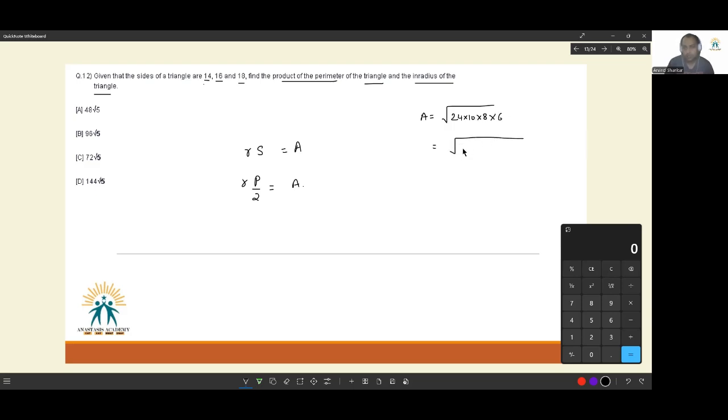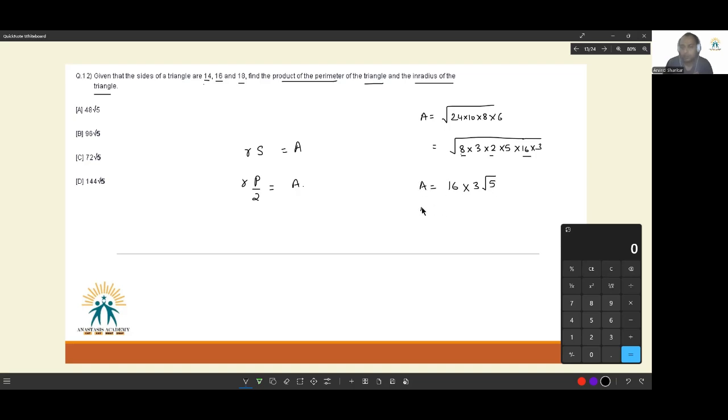So let's break this down. 8 into 3 into 2 into 5 into 16 into 3. So 8 and 2, these 3 will give me 16. These 2 will give me 3 and I'll have a root 5.